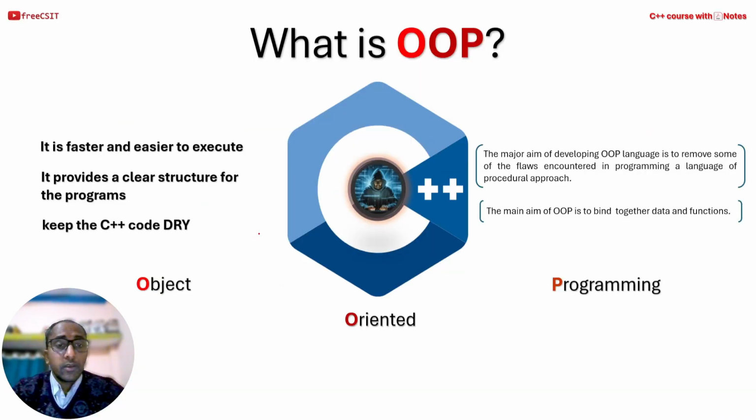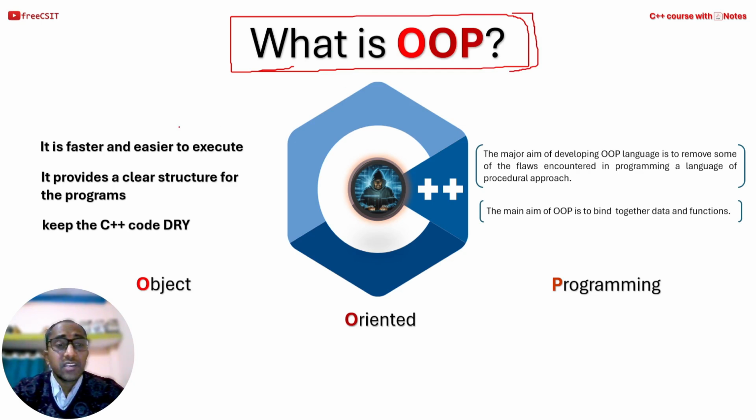First of all, I will tell you what is OOP. We are studying the OOP concept, and C++ is an object-oriented programming language, and OOP plays an important role in it. So what is OOP?